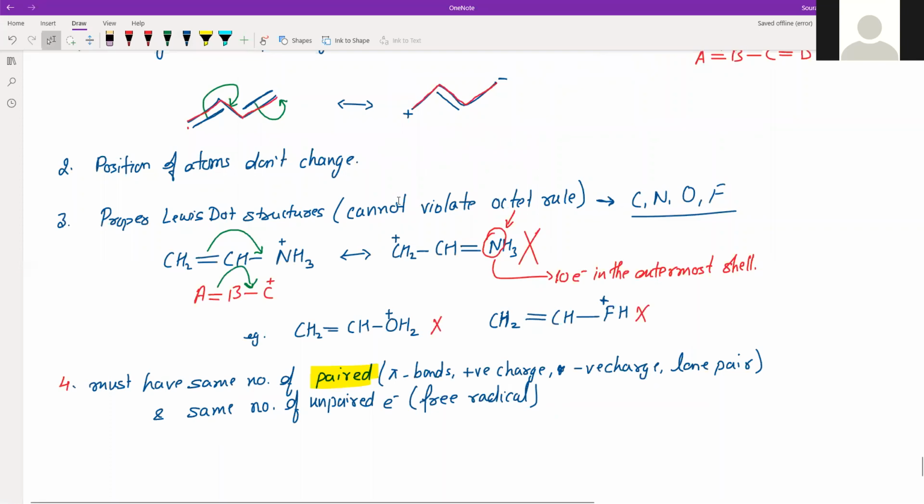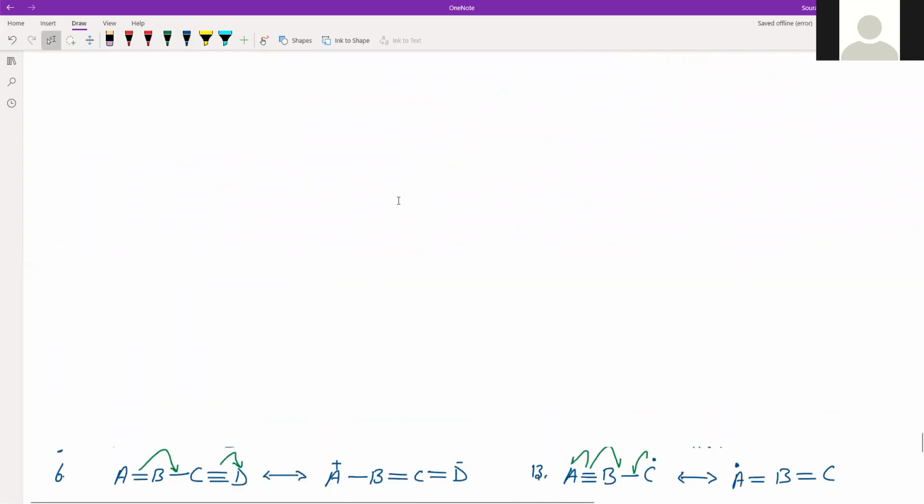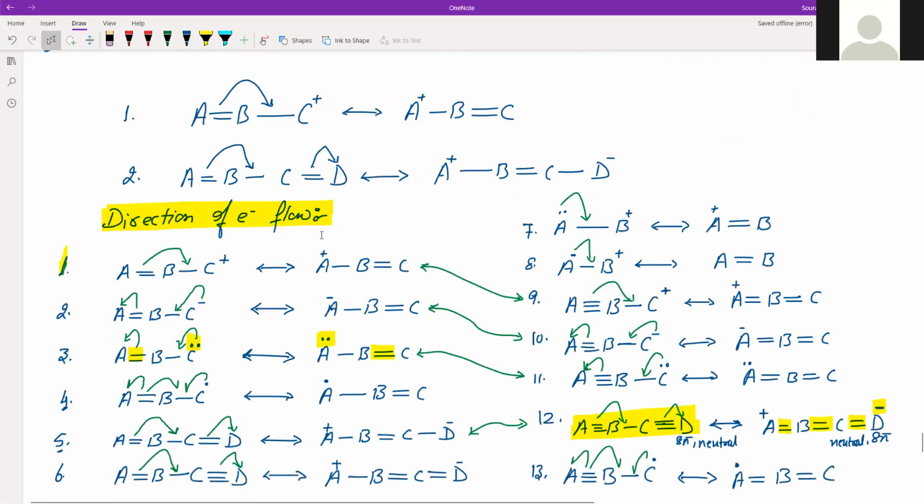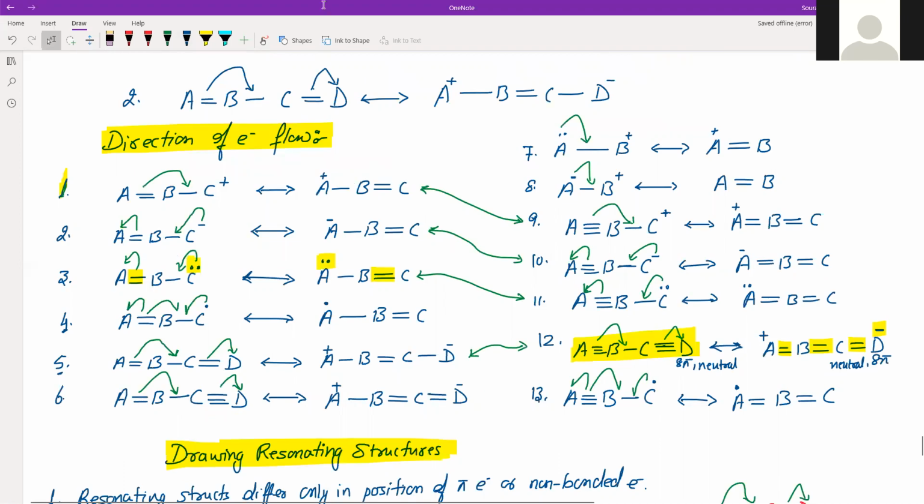Even unpaired electron, the free radical thing, we can see here, right? There is just one free radical here, and here also there is just one. There is one pi bond here, and one pi bond here.